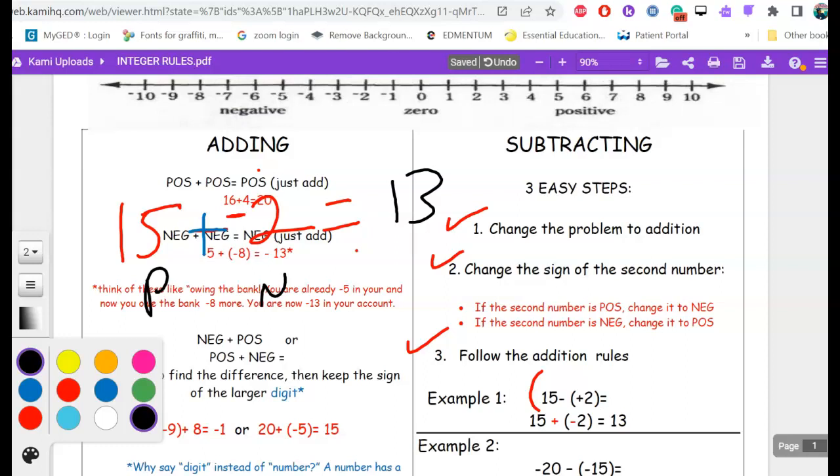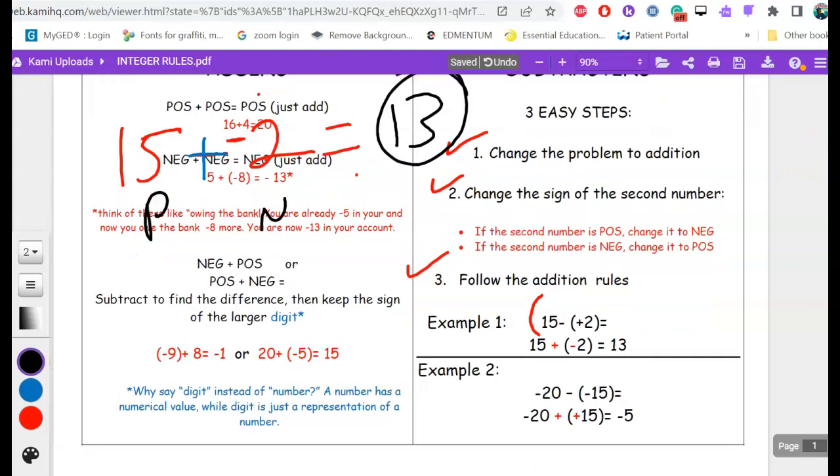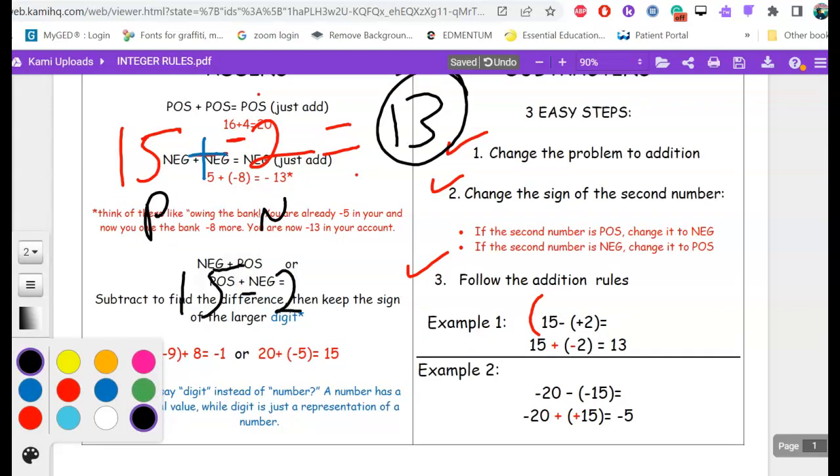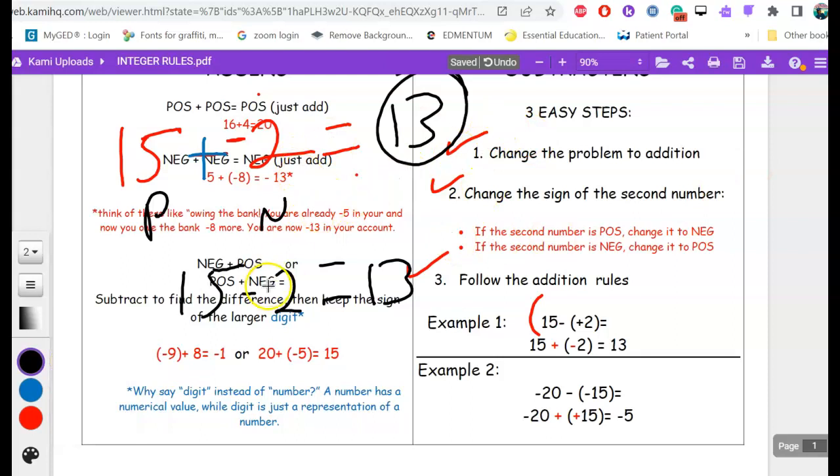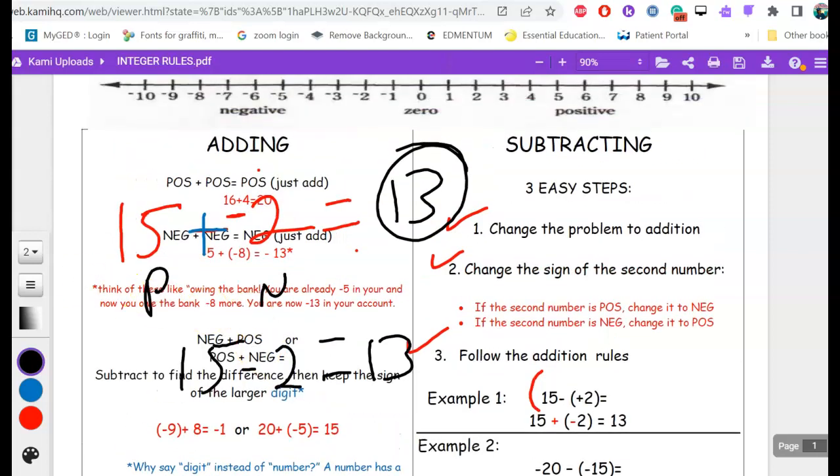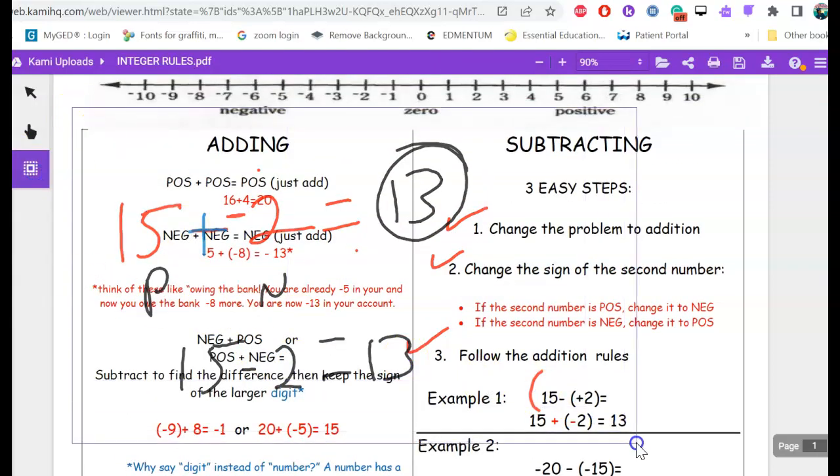What's a higher digit, 15 or the 2? The 15. And that 15 happens to be positive, so my answer will stay positive. Hey, do you notice something? It's the same thing as a regular problem. 15 minus 2 is 13. We all know that. But it follows the subtraction integer rules. Look at that.